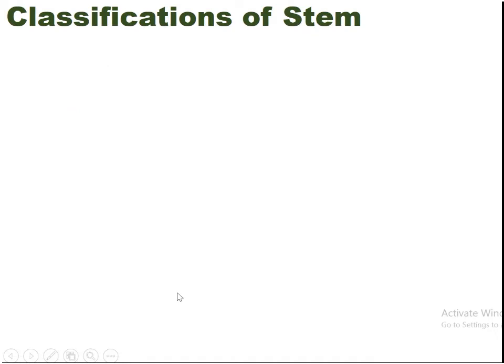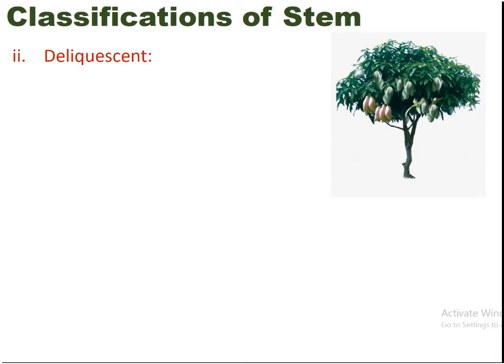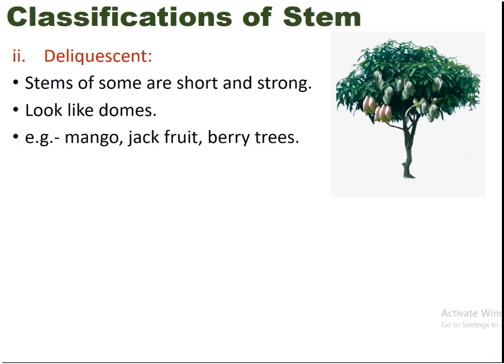Now, another type of strong branched stem is deliquescent. This type of stem is usually short and strong, and they look like domes, such as the mango tree, jackfruit tree, and the berry trees.